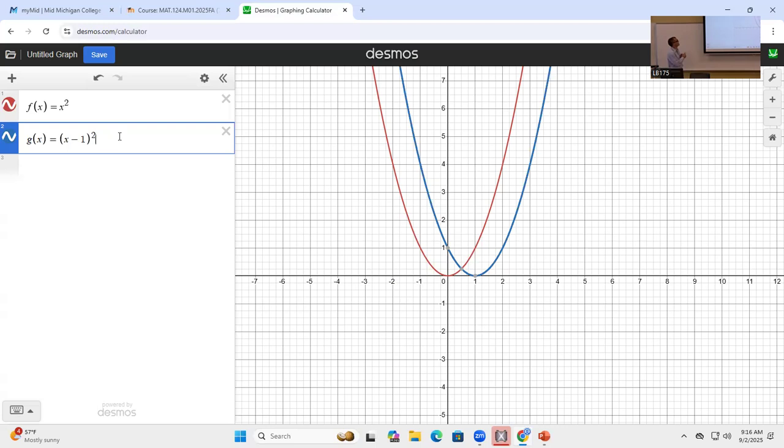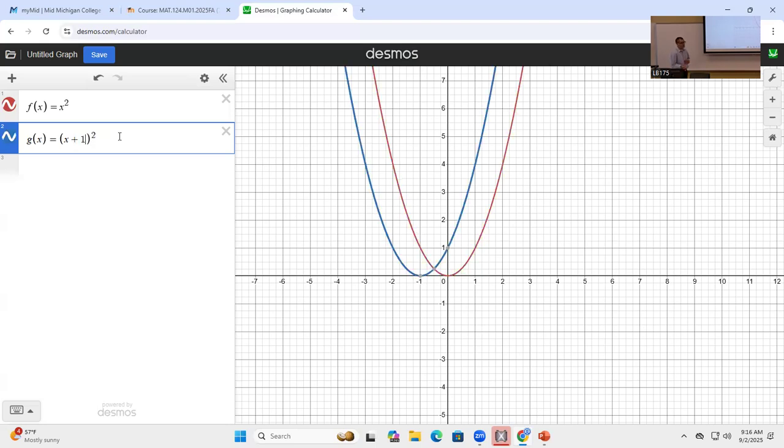Notice that here, the input of x minus 1 moves to the right. x minus 2 moves it to the right 2 units. x minus 5 moves it to the right 5 units. And on the other hand, if we do plus 1, we'd move to the left.